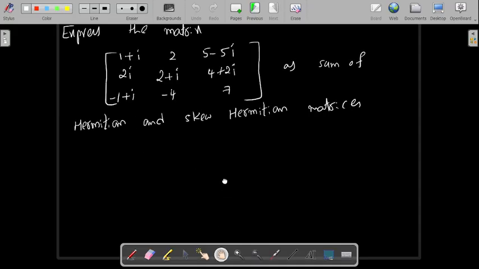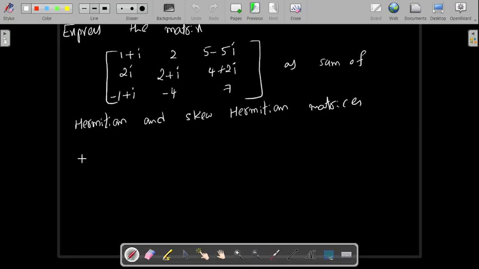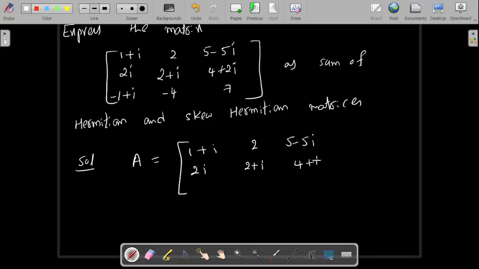So now the solution. A equals the given matrix [1 plus i, 2, 5 minus 5i; 2i, 2 plus i, 4 plus 2i; minus 1 plus i, minus 4, 7].